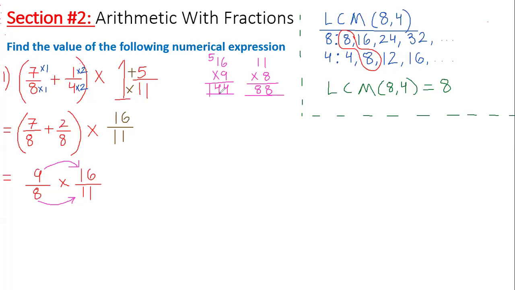Good. Yes, Sashanik. For the third part, why is it 9 over 8, not 9 over 16? That's a good question. Anyone want to answer that? Because you add the brackets first, and then you bring down the 16 over 11.